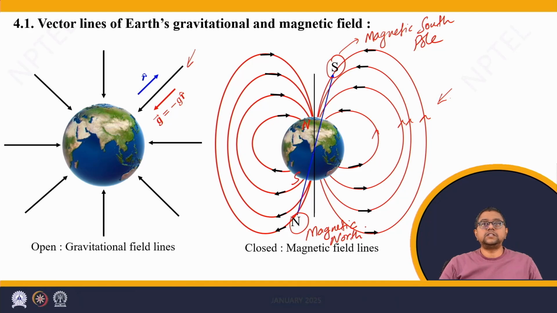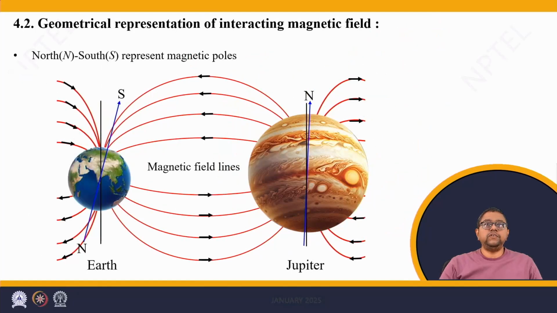So the magnetic south pole is adjacent to the geographic north pole and vice versa. Thus, the magnetic field lines as shown here are representative of the magnetic field of the Earth that is generated within its deep interior.